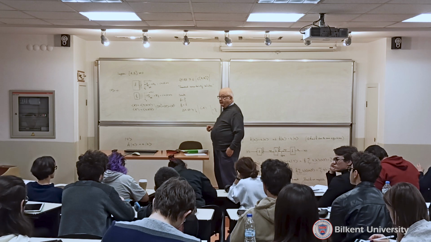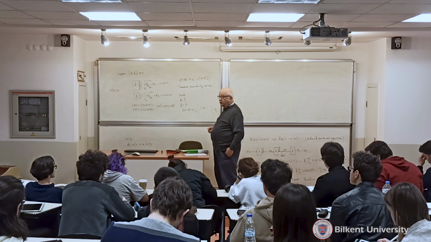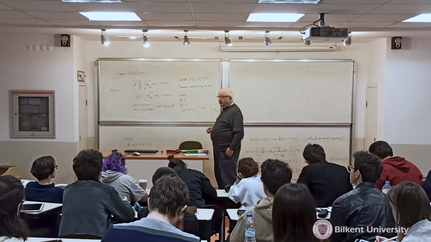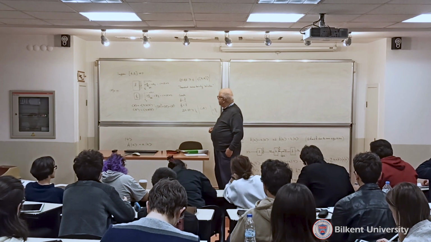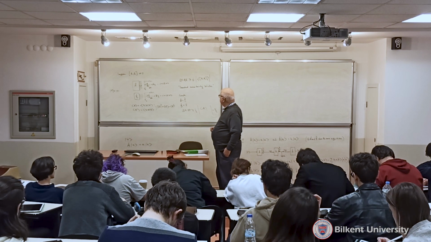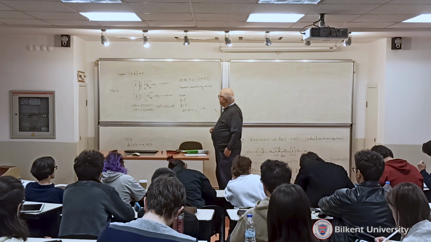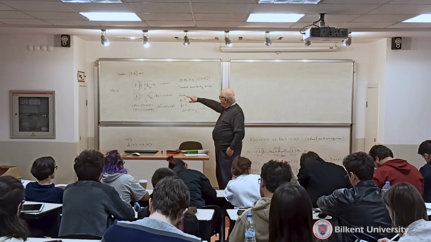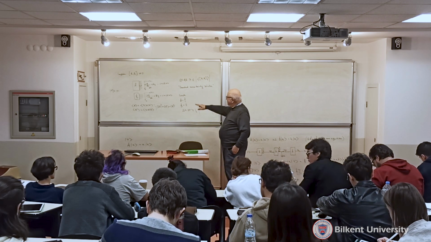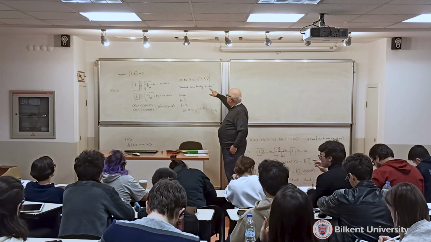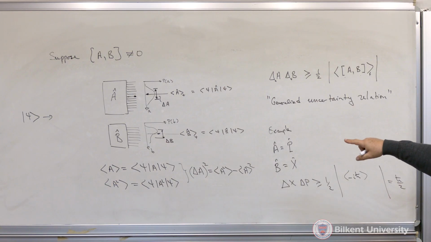Well, I'm not so sure about that, because if I have just one state that is common to both of these operators, I can choose my psi as that state, in which case I'm going to get 0 and 0 for delta A and delta B. But for that state, the expectation value of the commutator is also 0.